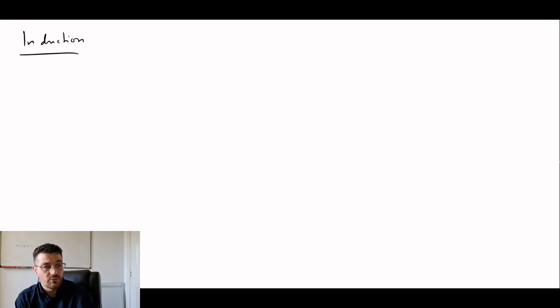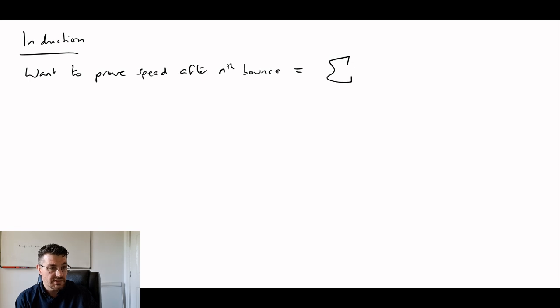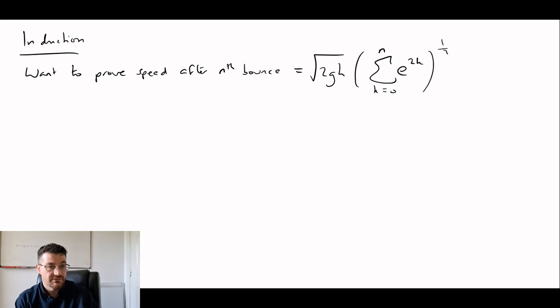Let's make it clear what we want to prove: that the speed after the nth bounce is equal to the square root of 2gh times the sum from k equals 0 to n of e to the 2k, to the half. Okay, that is what I'm wanting to prove.